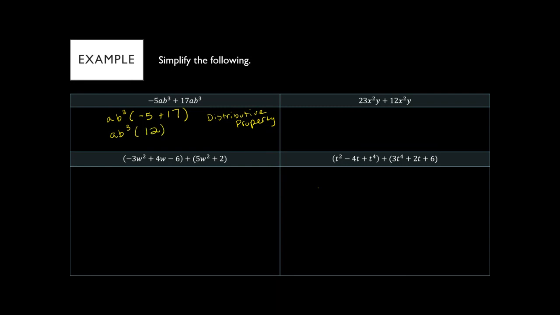So we're just combining those. And then we normally like to put the number first, so we would rewrite this as 12ab cubed, and that is the commutative property. And that was also in week 2.